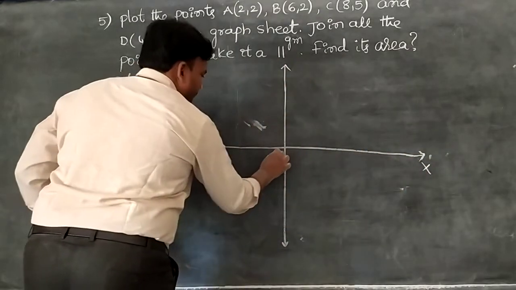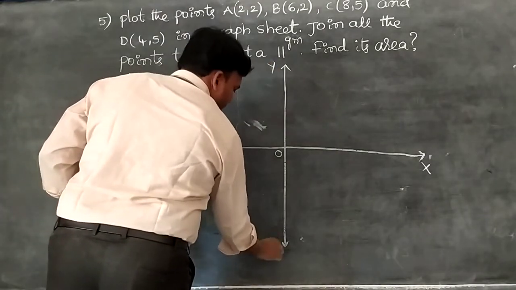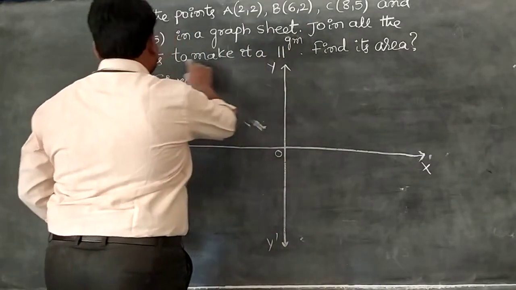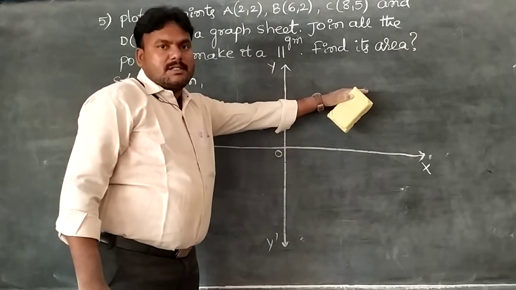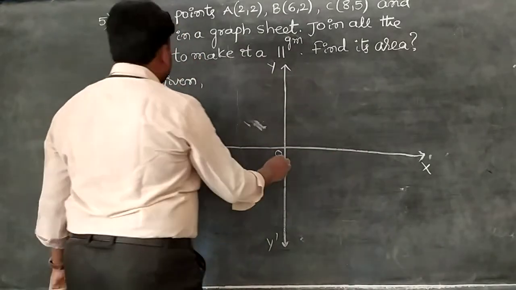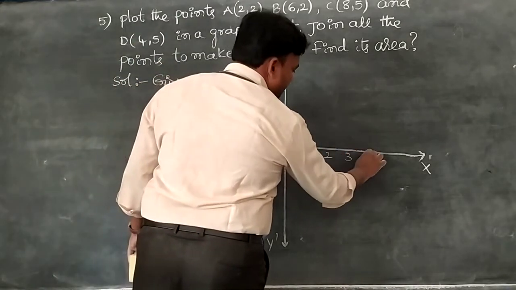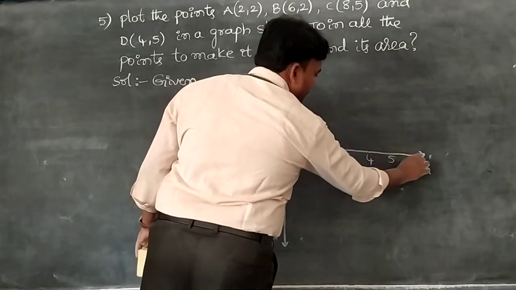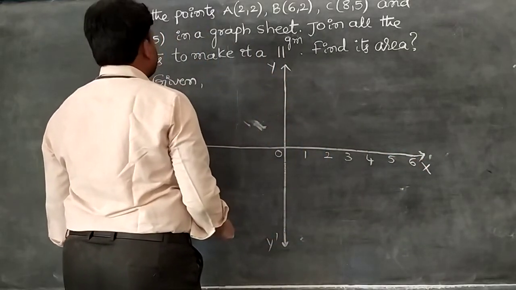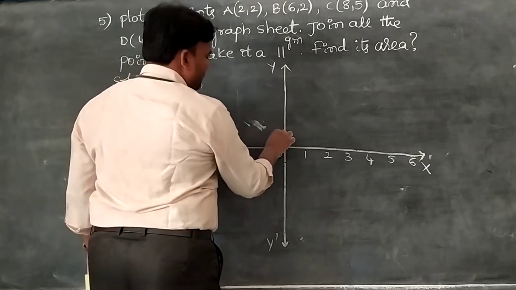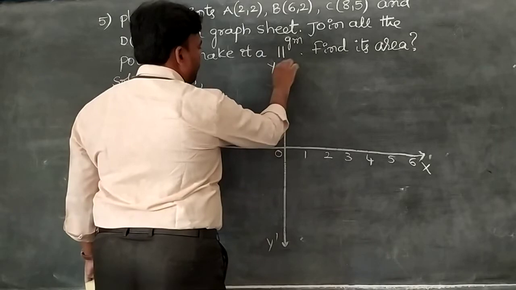X, O, X dash, Y, O, Y dash. All are only positives, that means all lie in the first quadrant. So here 1, 2, 3, 4, 5 and also 6. Y values maximum 5, so 1, 2, 3, 4 and also 5.